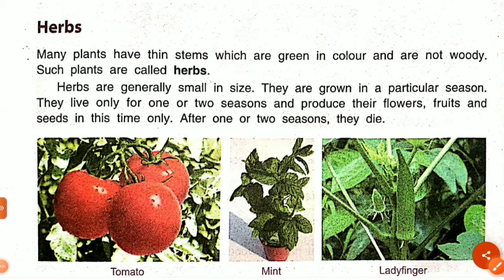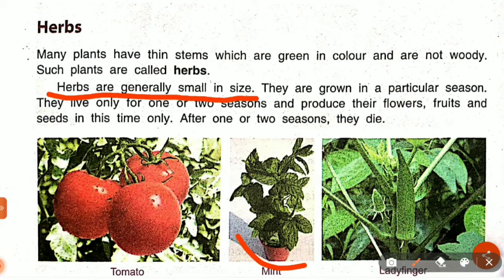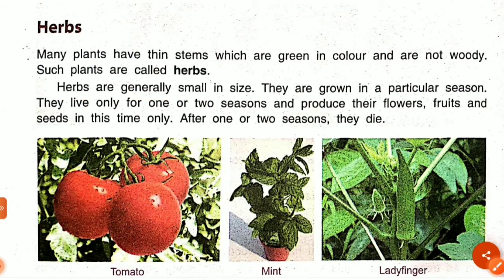Okay. Right. So the next paragraph: herbs are generally small in size. See how small it is. They grow only during particular seasons. You all know seasons, right? You all read about seasons in the previous years. Like summer, winter, autumn, rainy seasons, right? The same way, they grow in a very particular season.